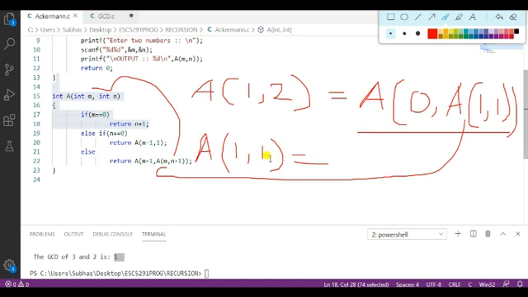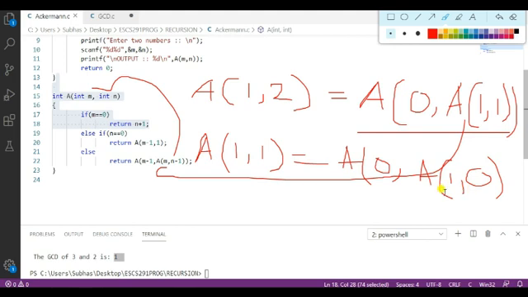So I will subtract: 1 minus 1 is 0, and what is the first value? M, that is 1. And the second value is n minus 1, that is 0. So again a recursive call.